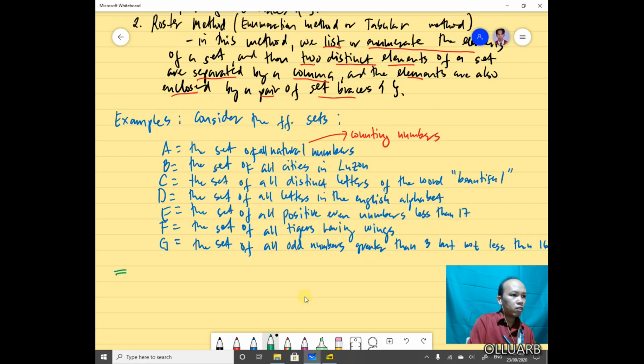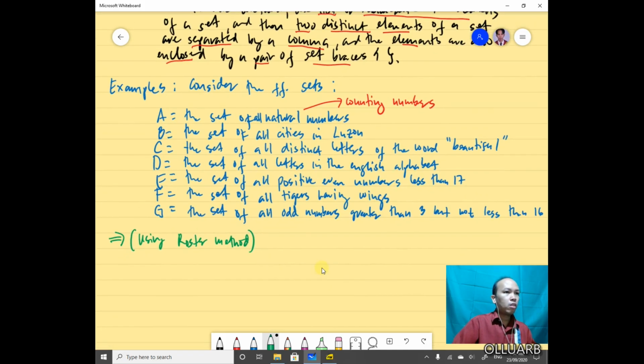So for example, for letter A, if we use the roster method, our A is the natural numbers or counting numbers. We know that when we count, we start at 1, not at 0, of course.